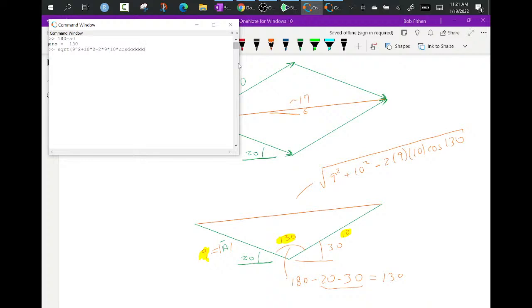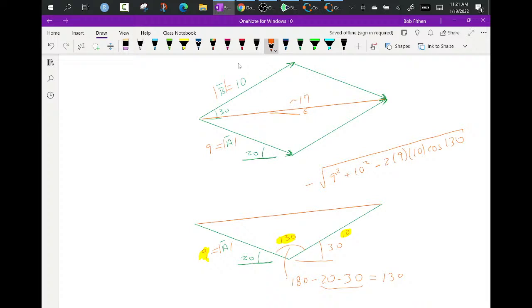There's a D right there that you have to have. And I think that closes me out. And look at that. Pretty close to 17.225. Now, that's pretty close to that, so I feel comfortable now.